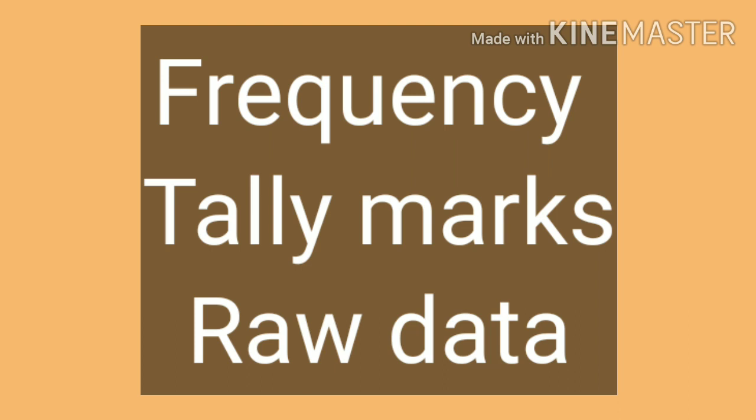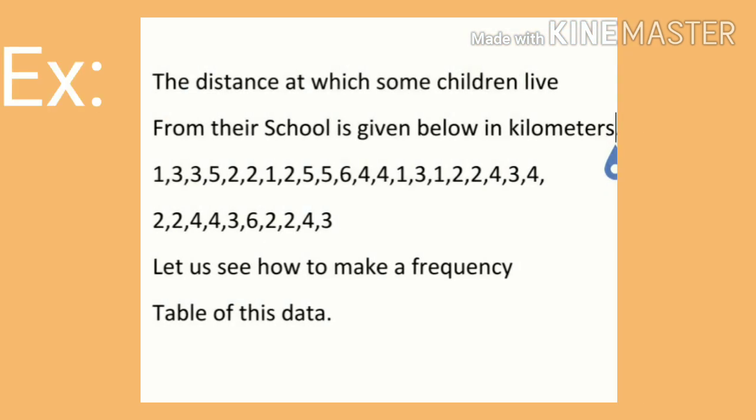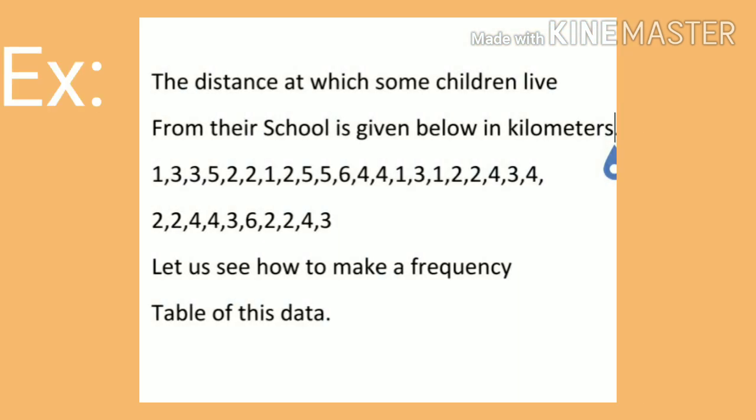Now, children, we recall a few more things. Frequency, tally marks and raw data that you have studied in your 7th standard. Here is one example, children. The distance at which some children travel from their school is given below in kilometers. Here we have collected some information about the students.